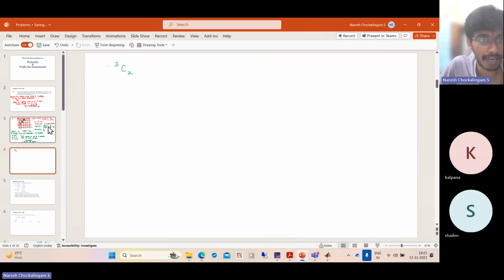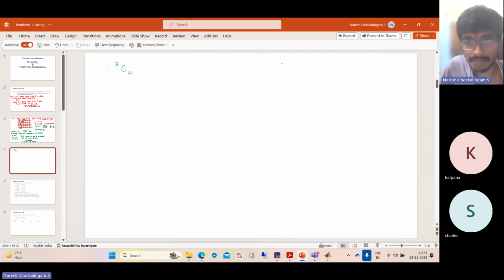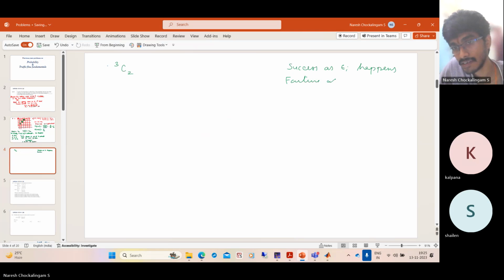So now we have a binomial distribution. If we have defined success as E_i happens and failure as E_i does not happen, or E_i bar happens, then the probability of x successes out of n trials is given by the binomial formula.